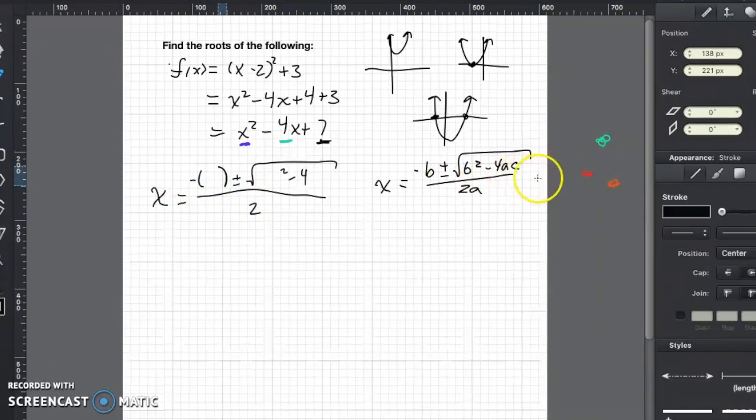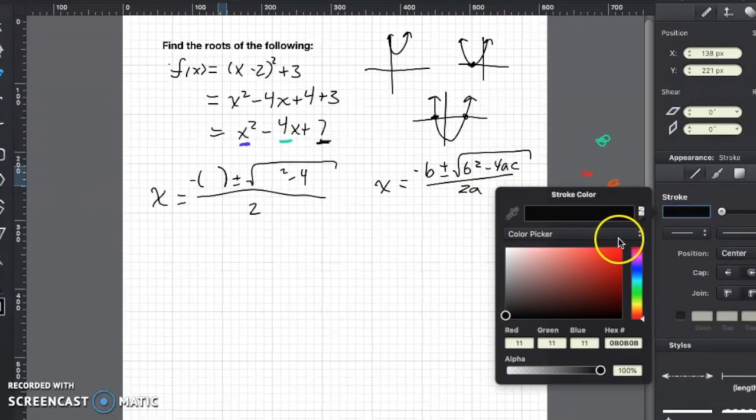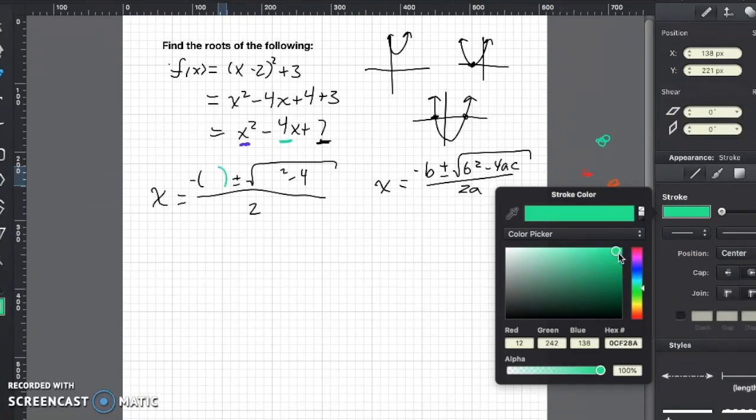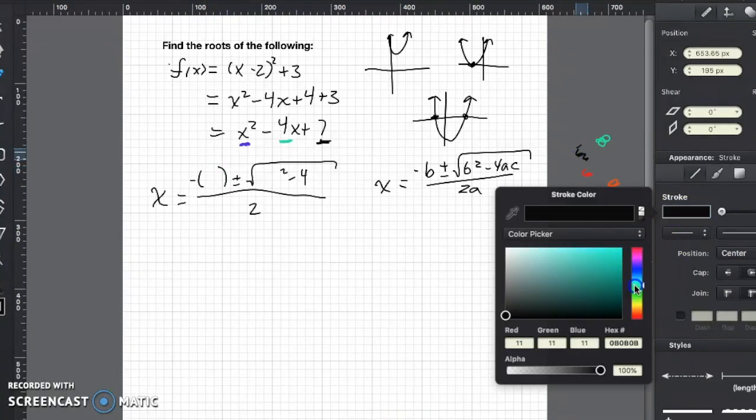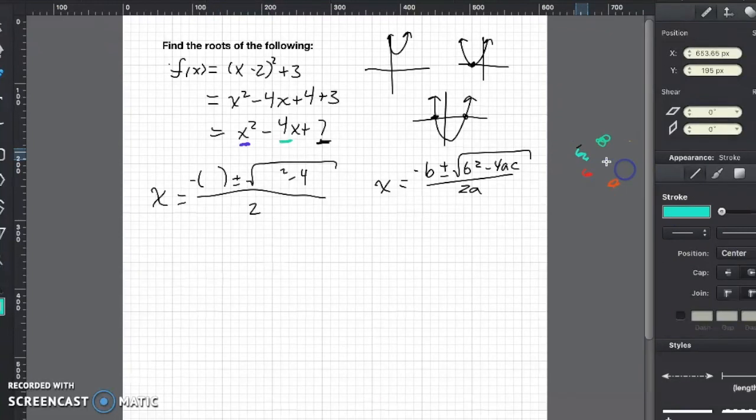So this is all the setup that I need. Then I'm going to fill in the other parts. Let's start with green. I want to get a green close to what I had before. It's right about there. So all the B parts: in here I need a negative 4 squared. I have a negative b out here, so I'll put a negative 4 in here. Okay, and then I think that's it for b's.